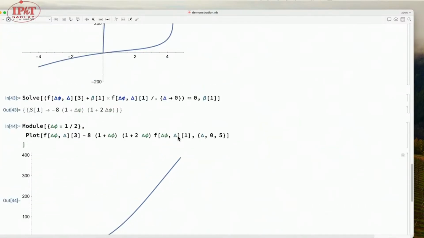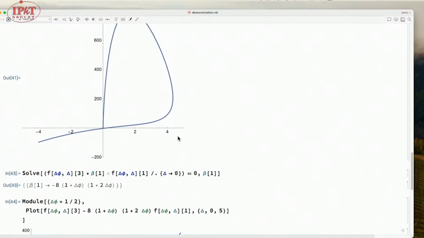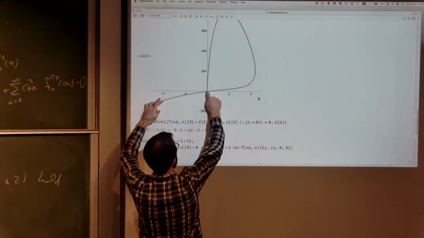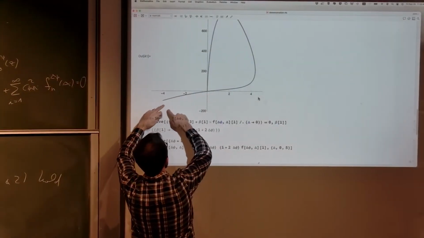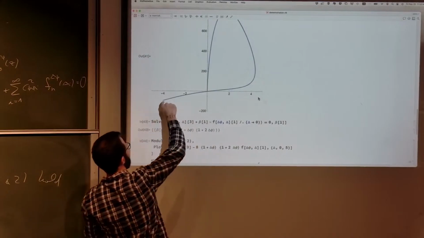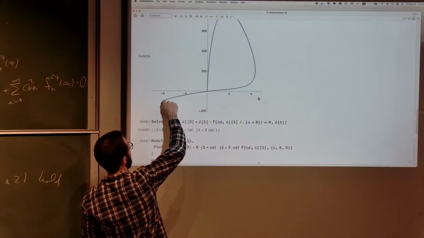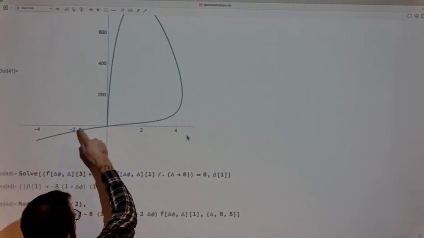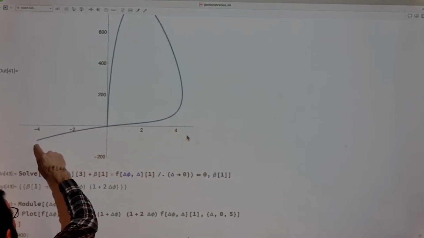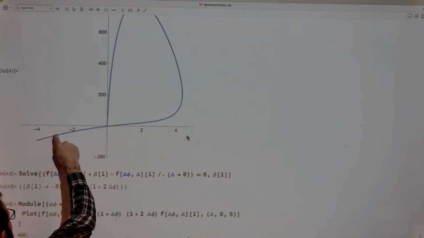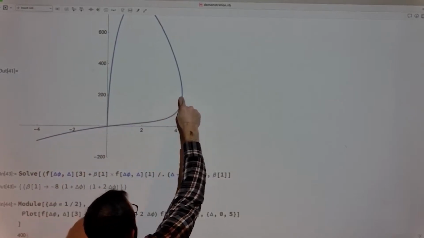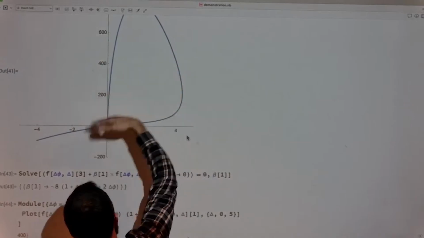This function is precisely the dual vector which is 0 here and 0 here. You can see it's not very visible, but from here it curves a little bit upward. Then it starts curving down. It looks like at first the function should be a little bit positive, then it's going to dip below 0 until it hits here, which is where it's going to become positive and stay positive forever after.